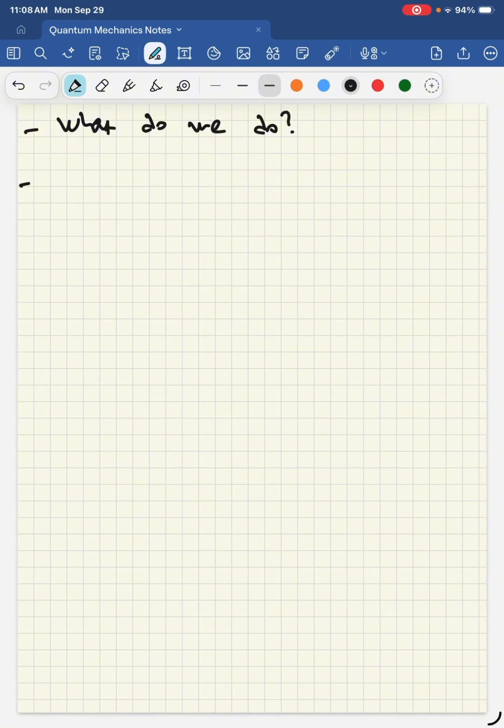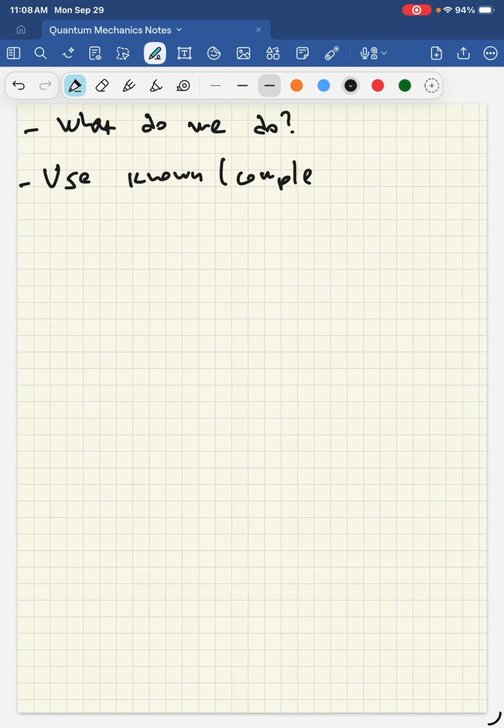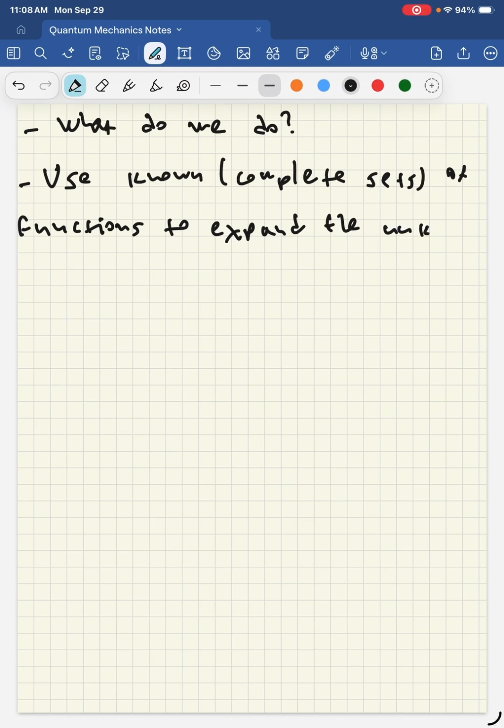Okay, so the solution is to use known complete sets of functions to expand the unknown wave function.